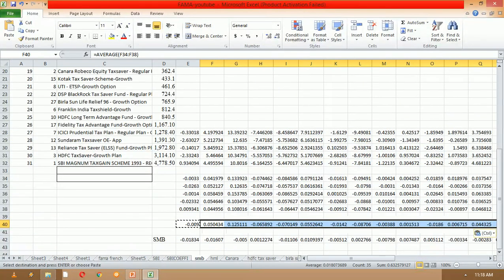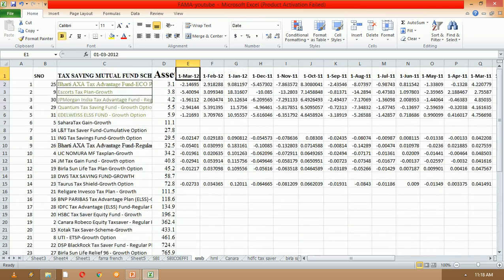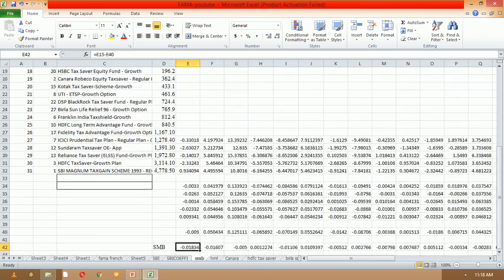So actually here we have the average return of higher performing funds, and this is the average return of lower performing funds. Now we need to calculate SMB. SMB is small minus big, that is low minus high. That's what we have calculated here.